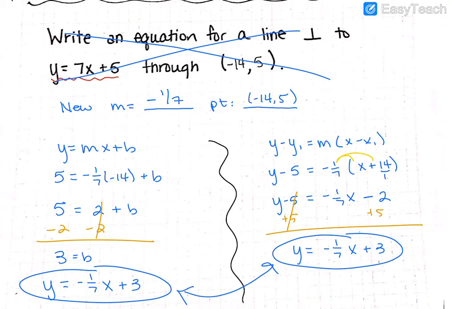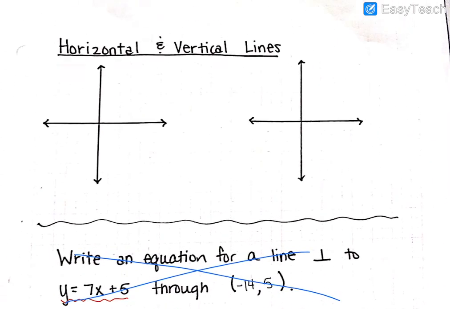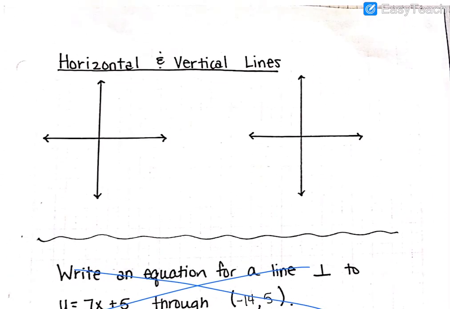Now, our last step is to go back up to horizontal and vertical lines. So what I want you to take from this is how to write an equation for a horizontal and vertical line. If I have a horizontal line, all I need to look at is where does it go through on the y-axis.